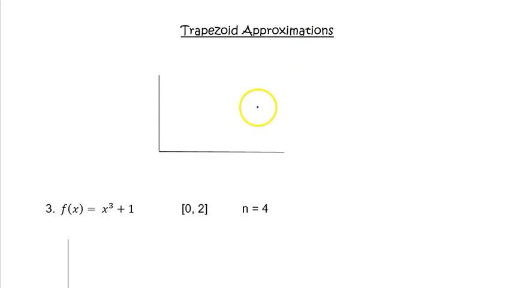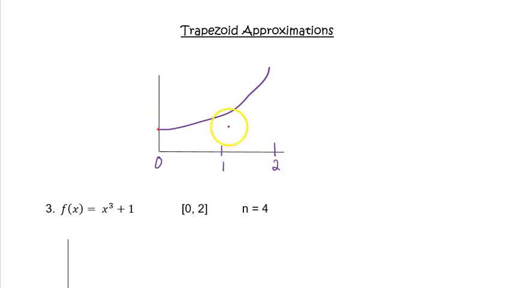Alright, now let's talk about trapezoidal approximations. So this is making trapezoids. So I'm going to do kind of a different graph here and just explain to you what those would look like. And so I'm going to say we have 0, 1, and 2 as our x values. A trapezoid approximation, you just take the two ends.